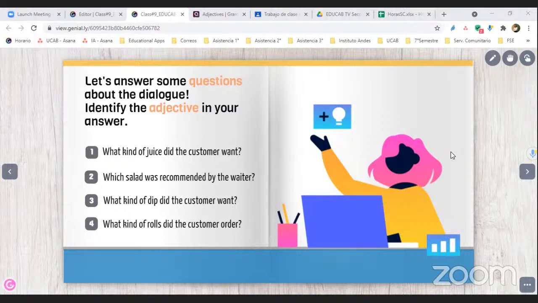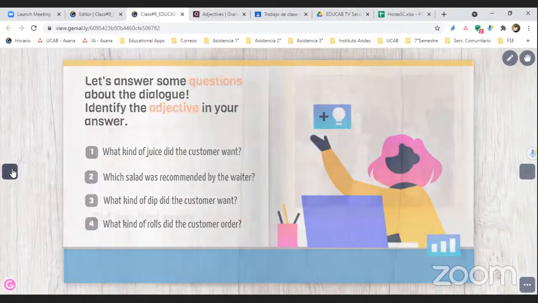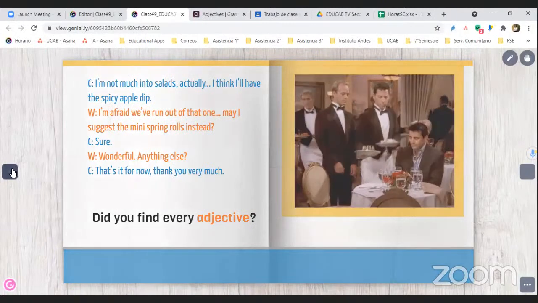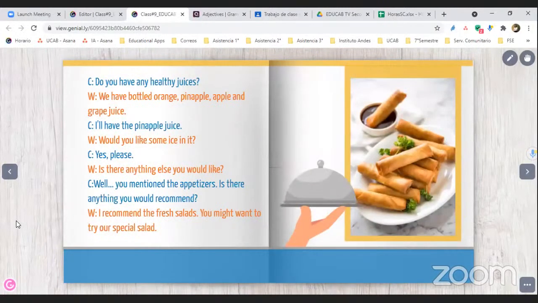When they spoke about vegetarian, they spoke about the food, not actually the juice, okay? Let's see, I'm going to go back to that slide so you can maybe spot the answer. Okay, here, maybe this can help you.